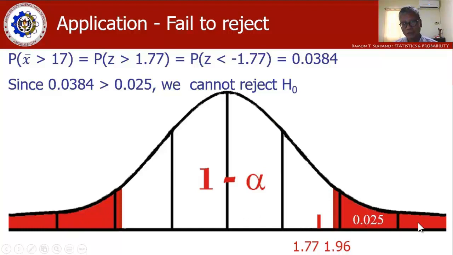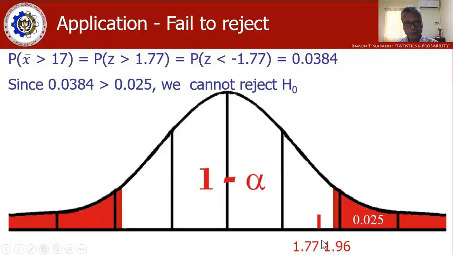Now, the 0.025 on the right, if you look at your table, is from 1.96 going up. So it's the same as the probability that z is less than negative 1.96. So 1.96 is the critical point, and the area above 1.96 will give you 0.025. The 1.96 is the tabulated z.